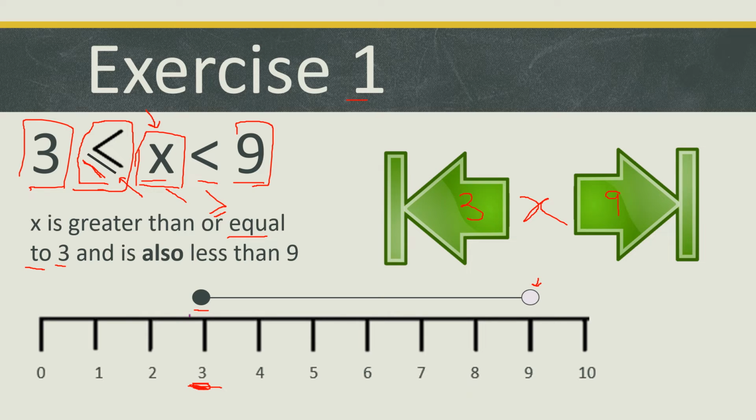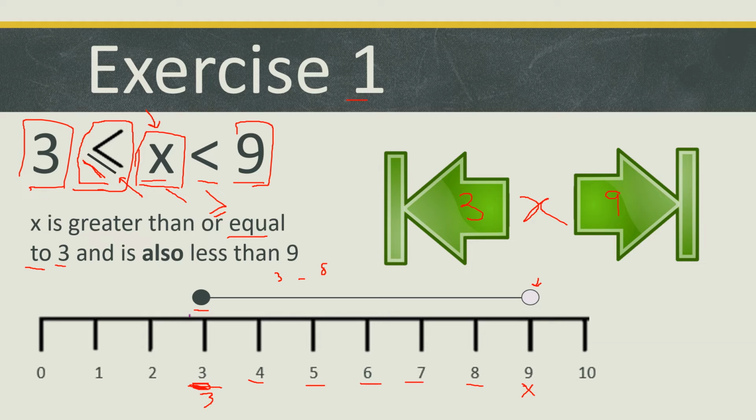The 3 would be included because it says that x could be greater than or equal to 3. So 3 would be included, 4 would be included, 5 would be included, 6 would be included, 7 would be included, 8 would be included, and 9 would not be included. So the limit here is from 3 to 8.